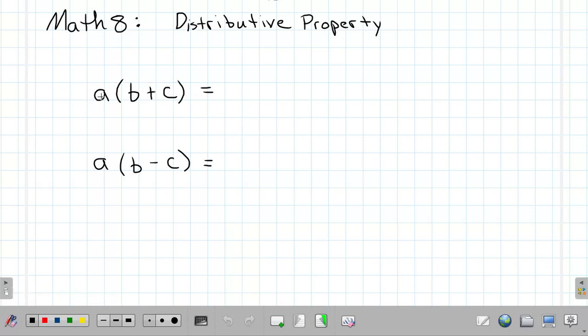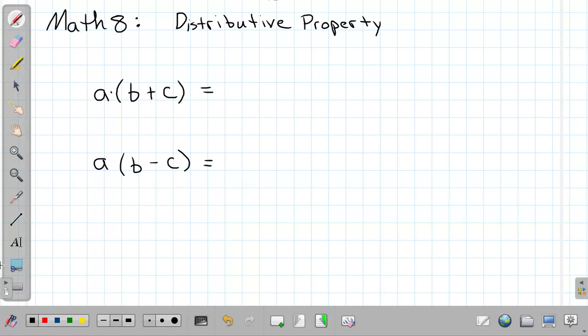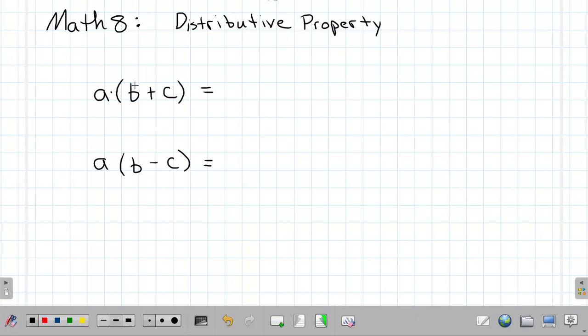So if we have a number A and we multiply it times two terms added together in here, so B plus C, so once again a number plus another number, then what we can do is we can take a shortcut, okay?